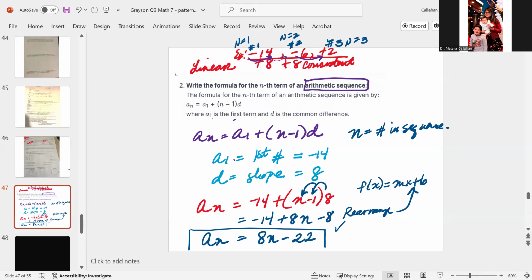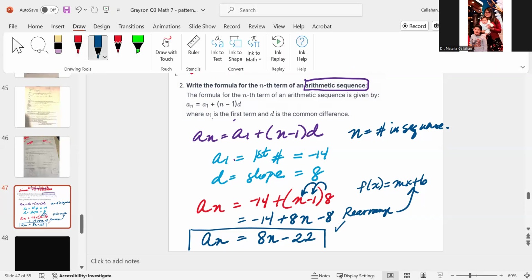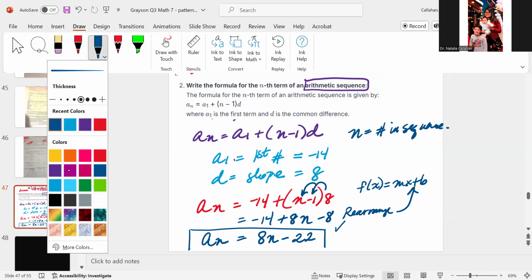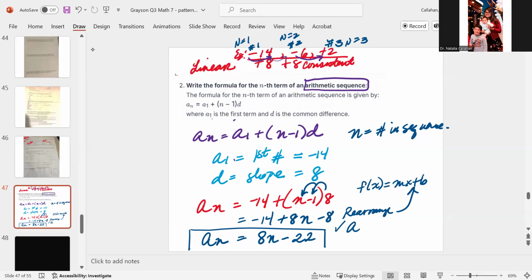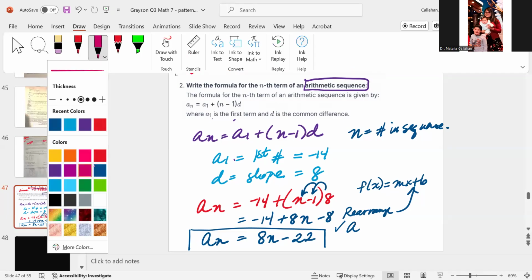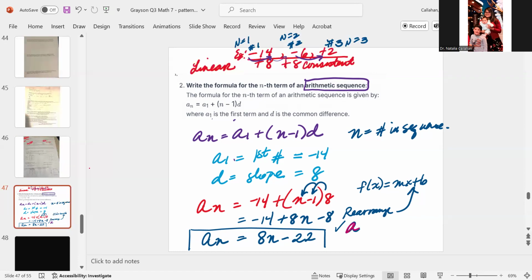But if I were to check this, what I would do is a sub 2. Do you see how when n equals 2, a sub 2 equals 8 times 2 minus 22? Do you see that? 16 minus 22. What does that equal? -6, right?